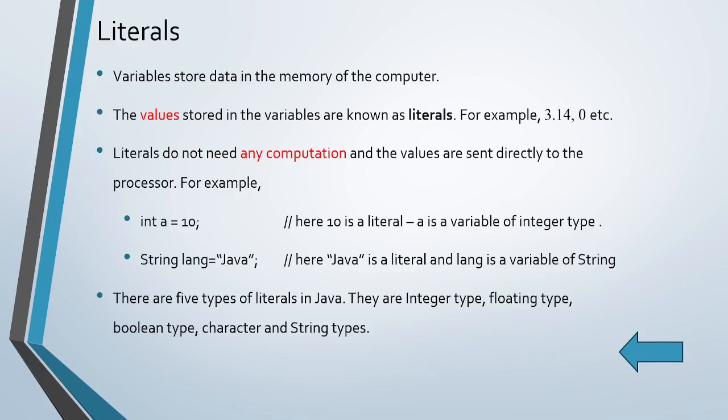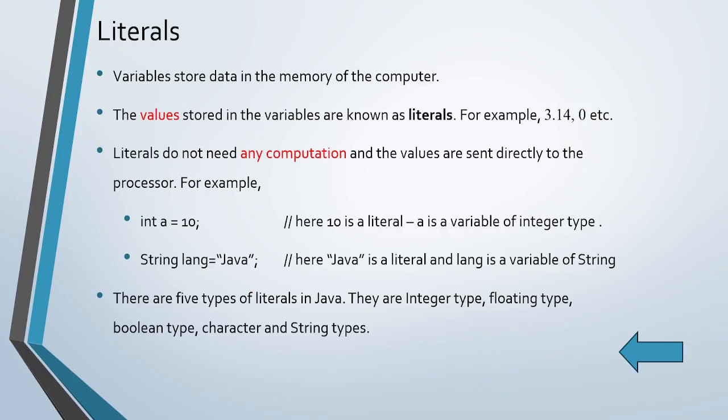This storing is done in variables. Variables are nothing but memory locations which we name. The name given to a memory location is known as a variable, and the value can change during execution.